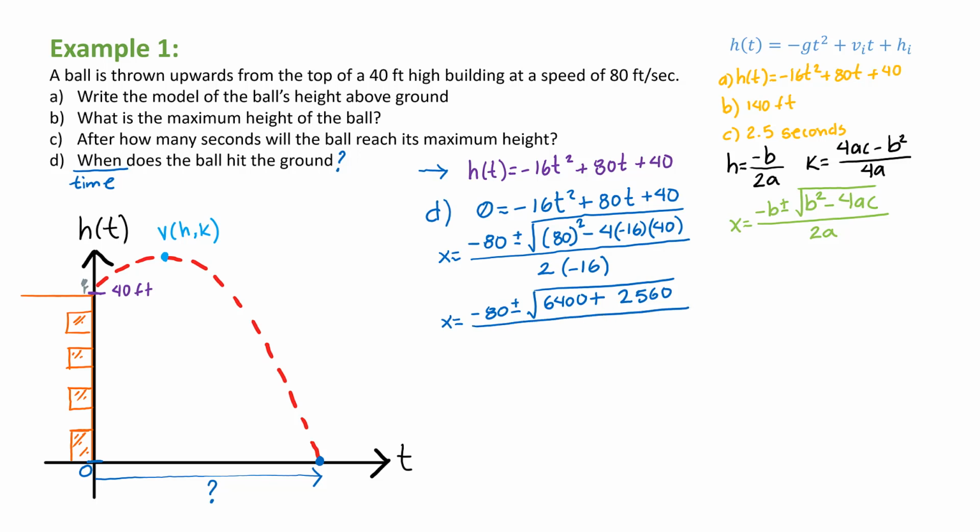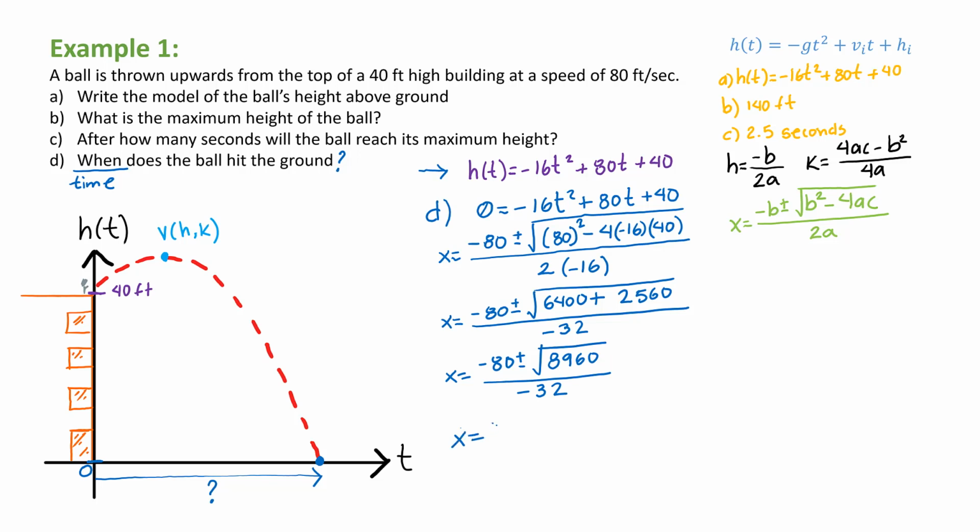All of this over 2 times minus 16 gives us a minus 32. X equals minus 80 plus minus the square root of 6,400 plus 2,560, which gives us 8,960, over minus 32.